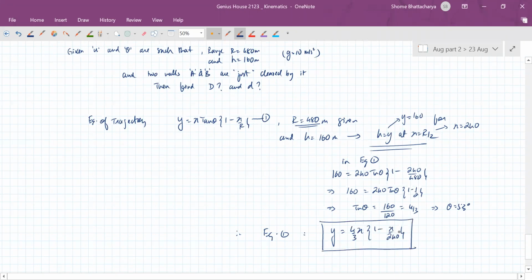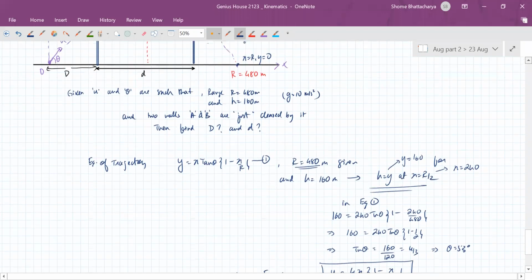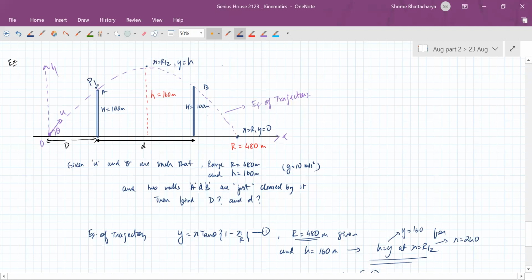Now this is equation 1. Now going back to the geometry, this is the equation of trajectory. That's equation 1 we have got numerically completely, the relation between x and y. Now you can see that if this point is P1, where it just misses this, and this point is P2, there's a special relationship between these 2 points. And that special relationship is that y1 is equal to y2 is equal to 100 meters.